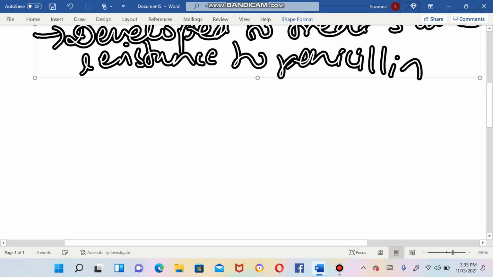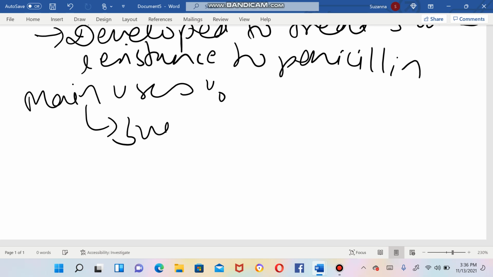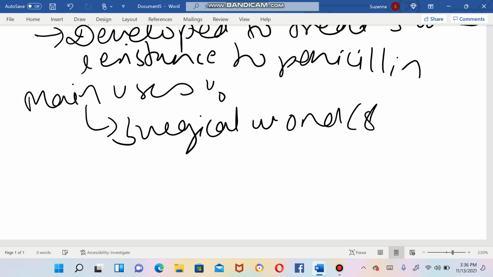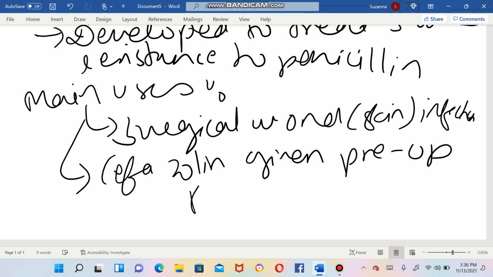The main use of first generation cephalosporin is in surgical wounds, that is skin infection, and cefazolin is also sometimes given for pre-op prevention. So this is about the first generation cephalosporin.